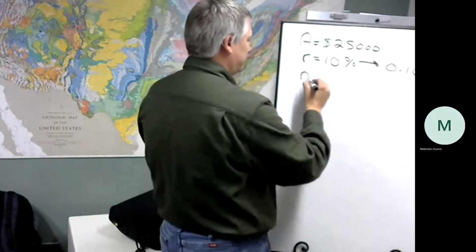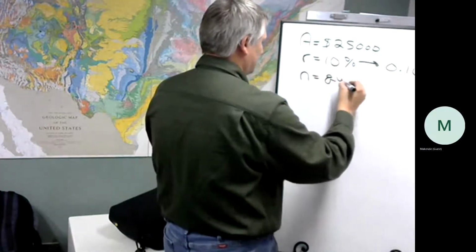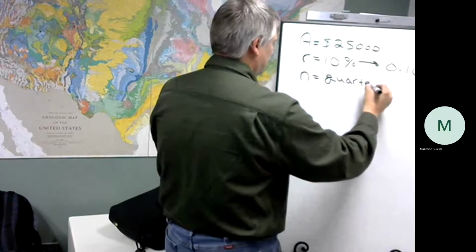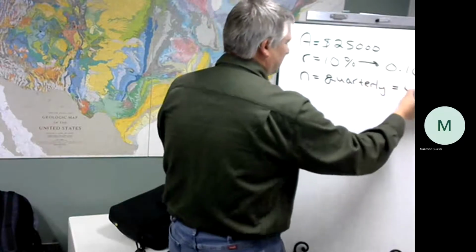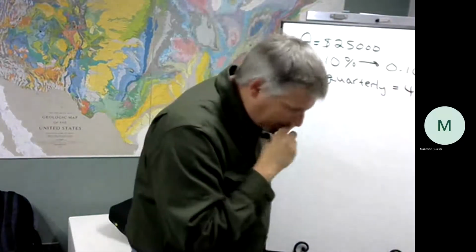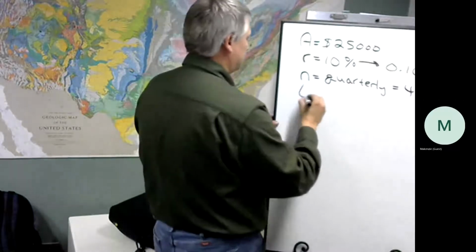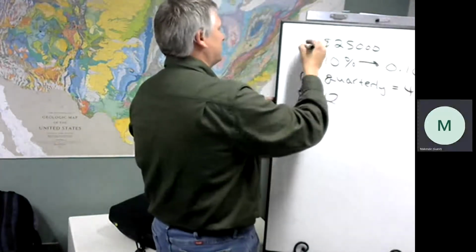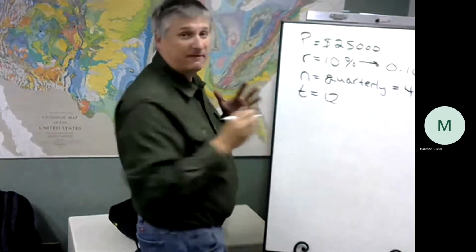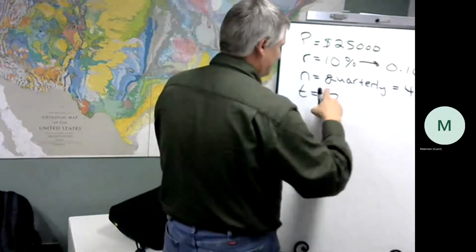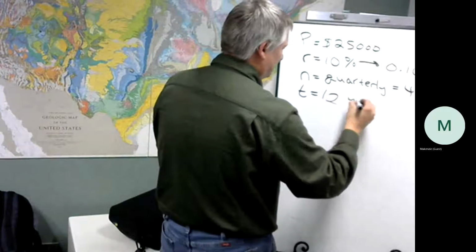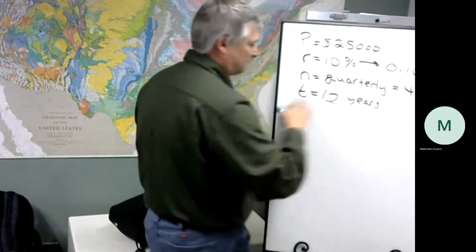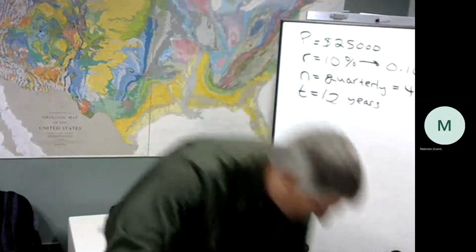Compounded quarterly, so N equals 4. And we're going to do this for t is 12 years. Oh, I'm sorry, this is not A, this is P. Principal, that's what we're actually investing. We're going to find A. And again, the T for this is usually going to be years.